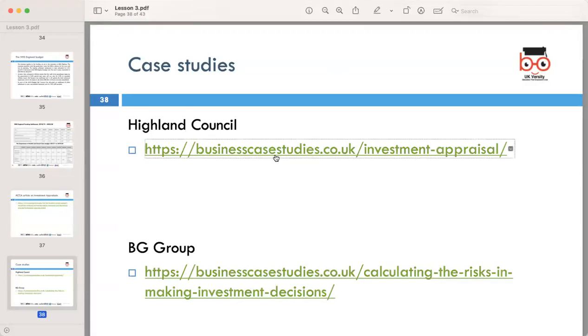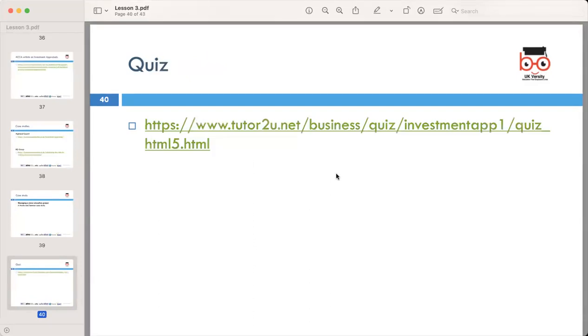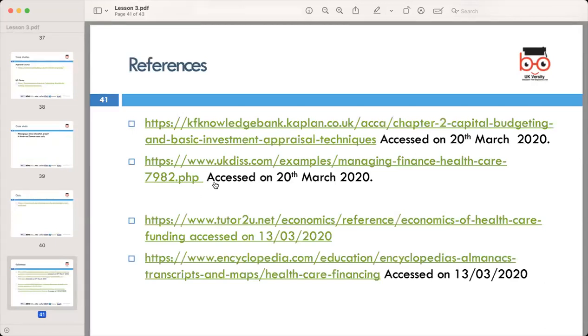For case studies, you can search the website businessstudies.co.uk, investment, BG Group, managing a store relocation project, a Marks and Spencer case study. Also, you can visit the website tutor2u.net for the quiz. Here are some references.